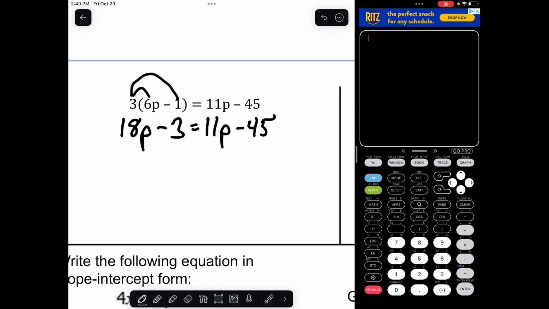In class, we say that we like to get the variables to the left and the constants to the right. The variable terms are just any term that has a variable attached to it, or sometimes it might just be the variable by itself. The constant terms are the terms that are just numbers, so no variables attached to them. We don't have to put our variables on the left and our numbers on the right.